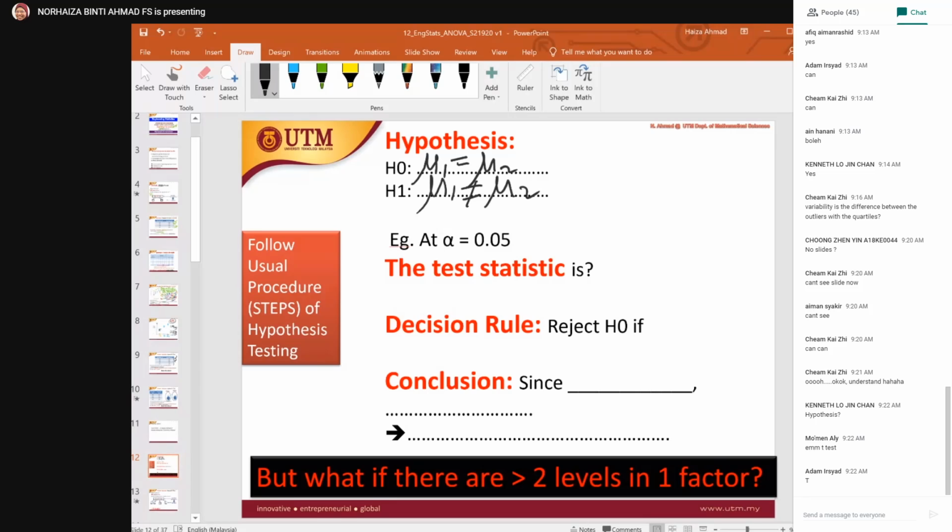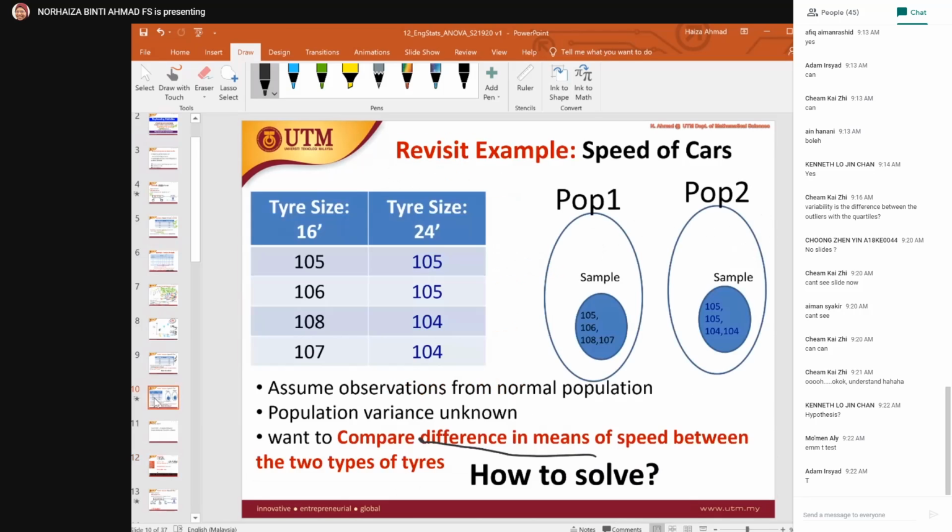Correct? The statistic is going to be t-test with x bar 1 minus x bar 2 minus (mu1 minus mu2) over. Dalam ni, dia assume same population variance ke? Let me see. Population variance unknown je.